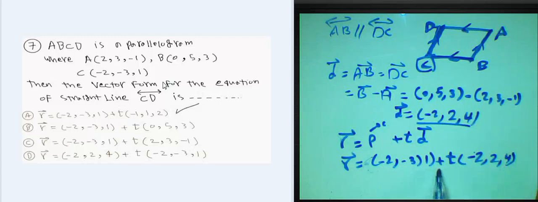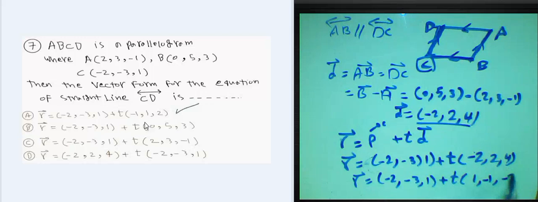We can choose a common factor of negative 2: negative 2, negative 3, 1 plus T multiplied by negative 2 divided by negative 2 equals 1, 2 divided by negative 2 equals negative 1, 4 divided by negative 2 equals negative 2.